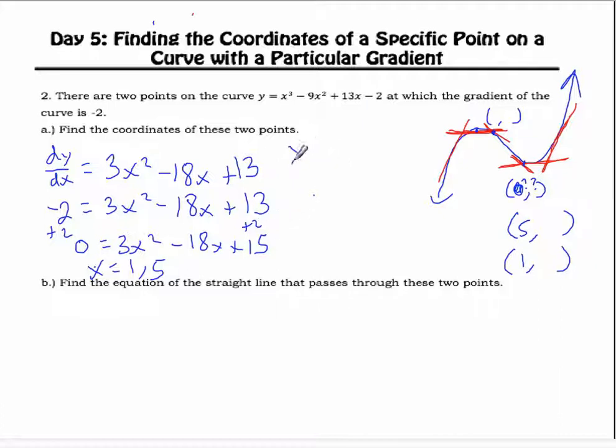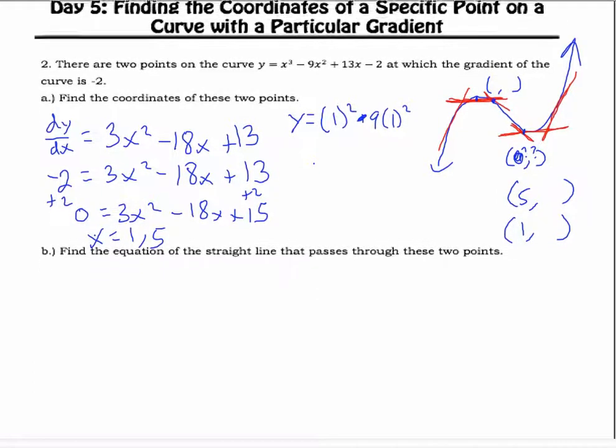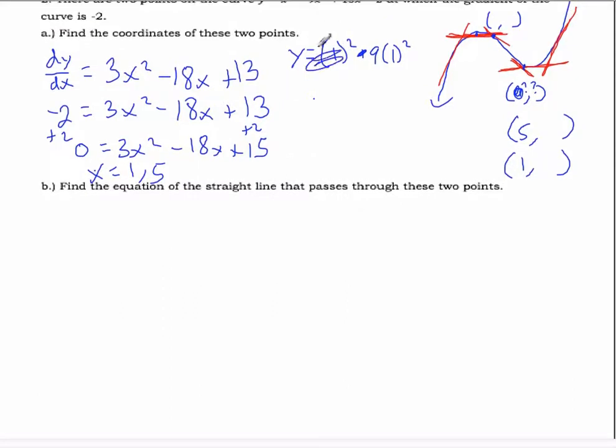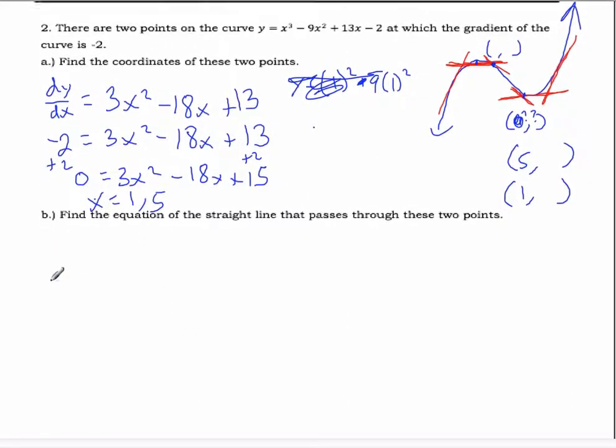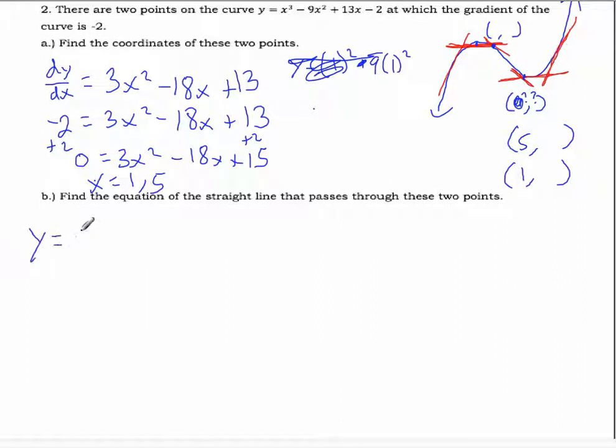Let's do this down here so that there's more room. So the original equation is y equals x cubed minus 9x squared plus 13x minus 2, so we're going to do 1 cubed minus 9 times 1 squared plus 13 times 1 minus 2.